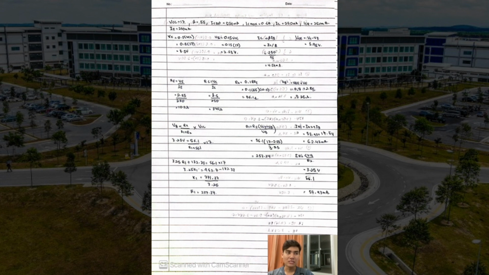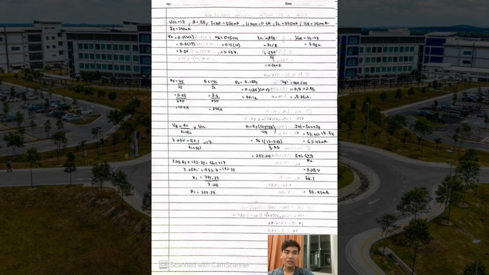So if we want to get IB, we have to use the formula IC equals beta IB, which IB is equal to IC over beta, and 250 over 55, and we get 4.45 milliampere. If we want to get VCE, we have to use VC minus VE, which the value is 5.55 volt.